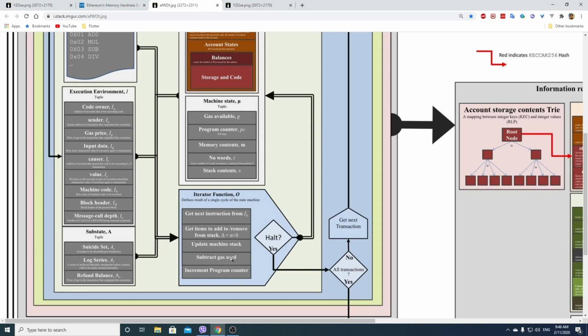Then you spend some gas, so the gas usage is deducted, and you go to the next instruction, right? Sometimes the next instruction is actually going to tell you to go back, so this is how you would do a loop. Or the instruction will say, if the value on top of the stack is 0, then jump, otherwise continue.